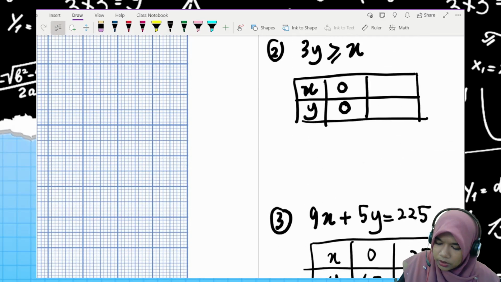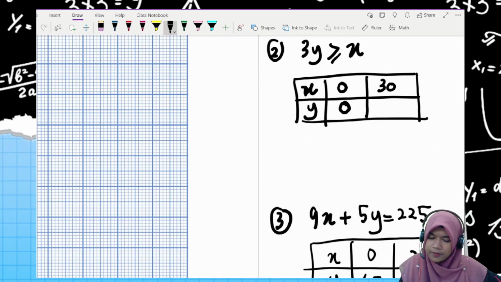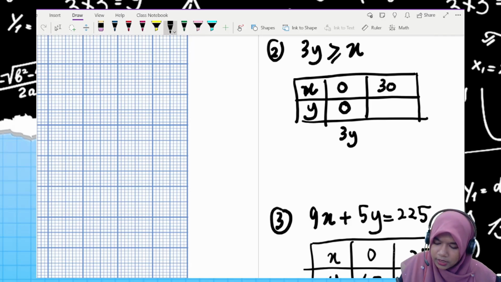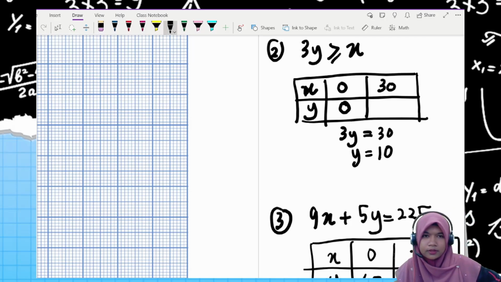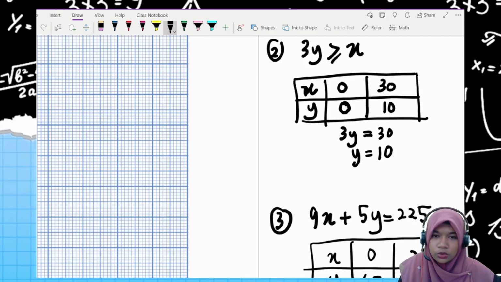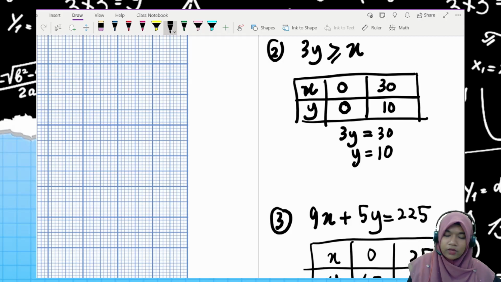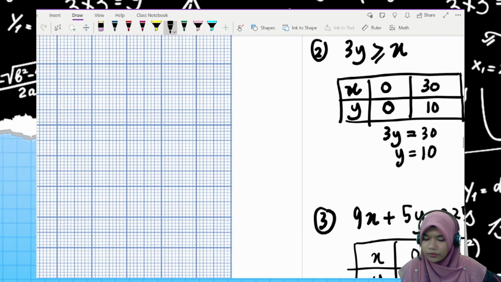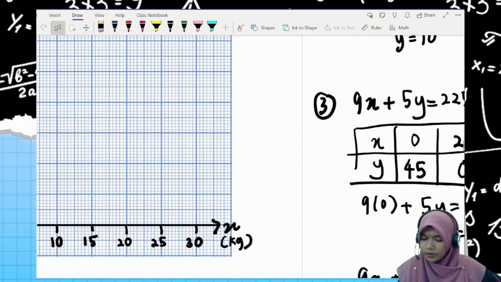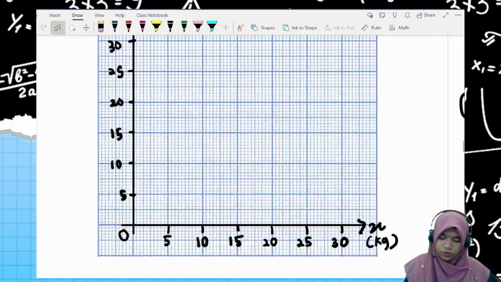I take x as 30. So 3y equals x, x is 30, so y equals 10. Why did I change the value? Because to fit the graph. Okay, enough.